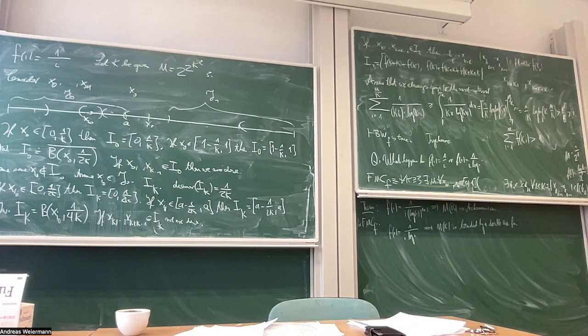Now the point is, if it's always possible to choose points outside, and I have disjoint or basically disjoint intervals, the total length will be the sum which we have seen over here. So you cannot have the situation that I always choose new xi0s sitting in new intervals. At some moment there will be overlap. That's normally the point where you would give up in your construction, because then things become messy.